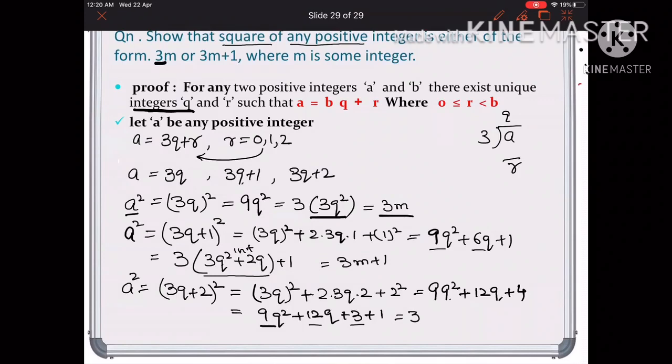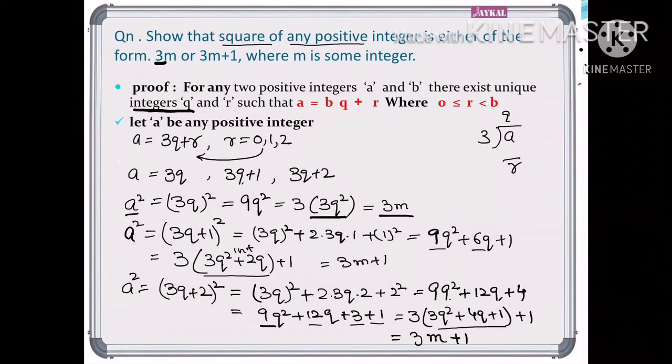Taking 3 as common in first three terms, we get 3q square plus 4q plus 1 and plus 1 in the last term as it is. Now this factor in the bracket is an integer, as we discussed in the previous case, so we can replace it by any other integer, say m. Therefore it becomes 3m plus 1. So we conclude that square of any positive integer is either of the form 3m or 3m plus 1, where m is any integer.